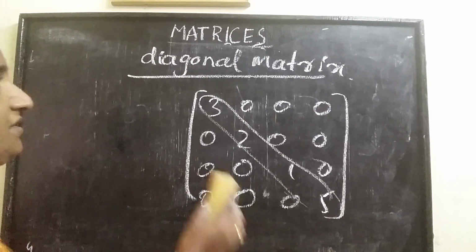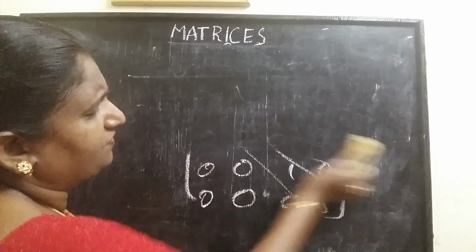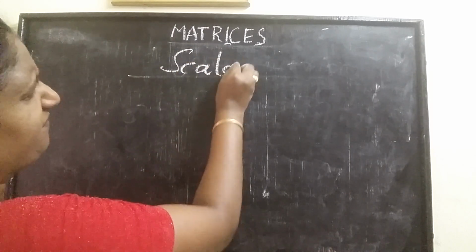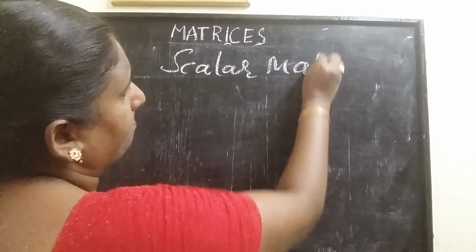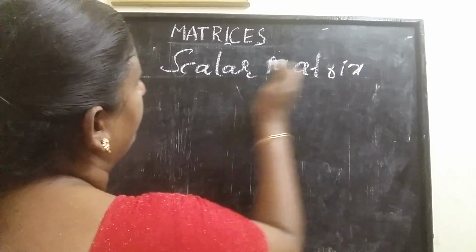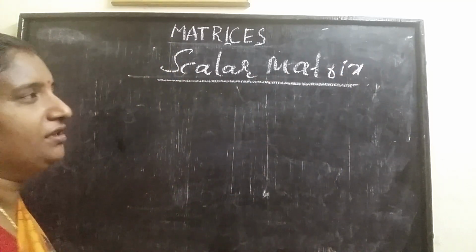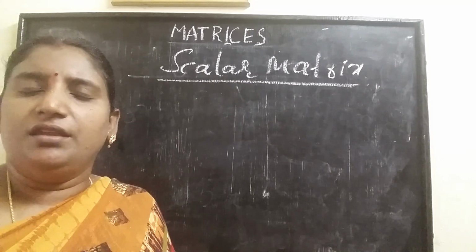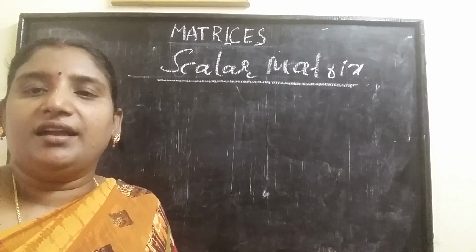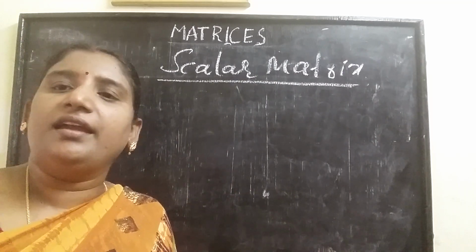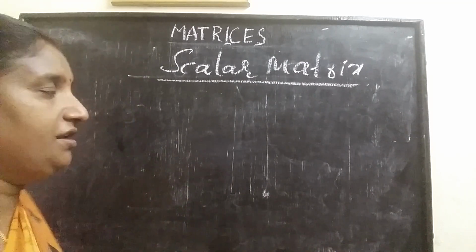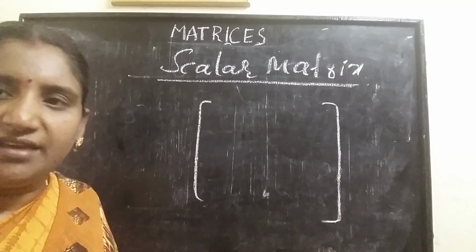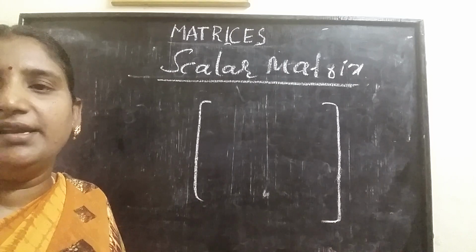Next one is scalar matrix. For this also, a square matrix is said to be a scalar matrix if all its diagonal elements are equal and non-diagonal elements are zeros.